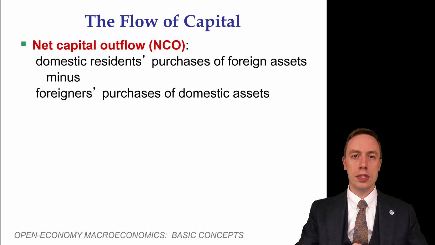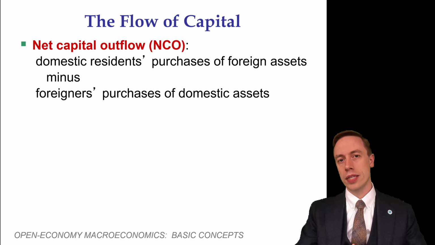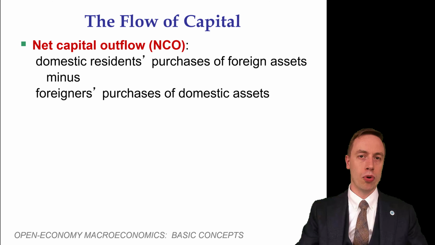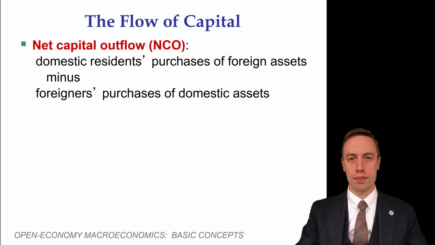Or if we look at US net capital outflow, it would increase US net capital outflow by the purchase price of that apartment. You can think of this as you, a US resident, providing capital to the United Kingdom. We'll get back to that a little bit more when we look at the math of this situation.